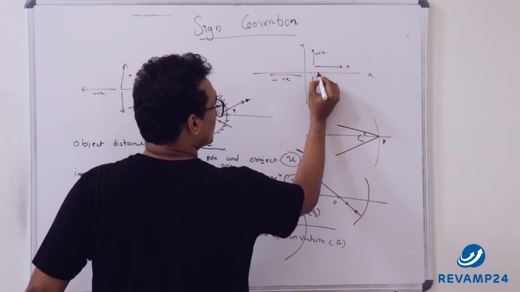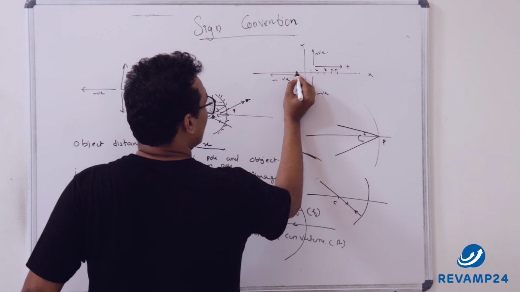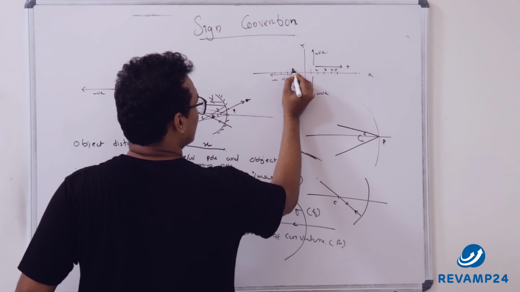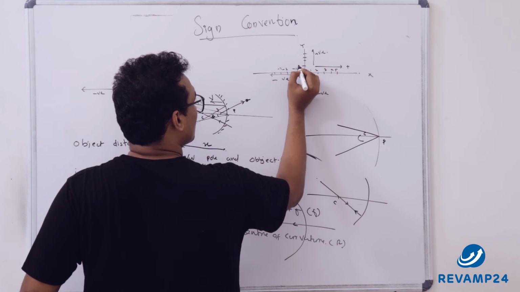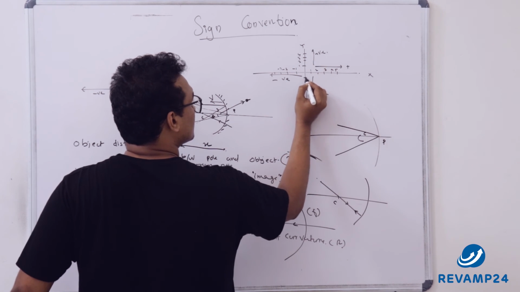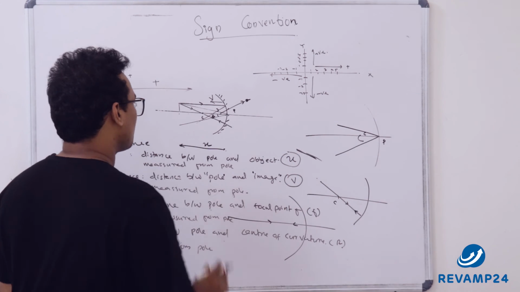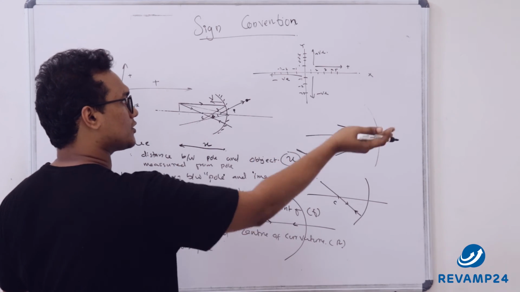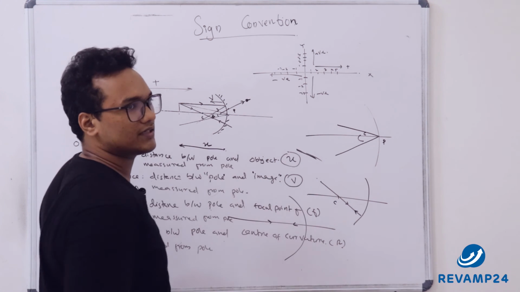See, 1, 2, 3, 4, 5, and this is minus 1, minus 2, minus 3. This is 1, 2, 3, 4, and this is minus 1, minus 2, minus 3. See, rightward is positive, leftward is negative, upward is positive, downward is negative.